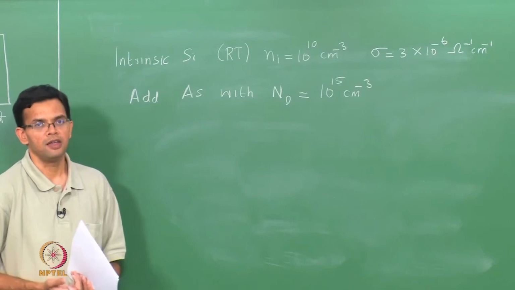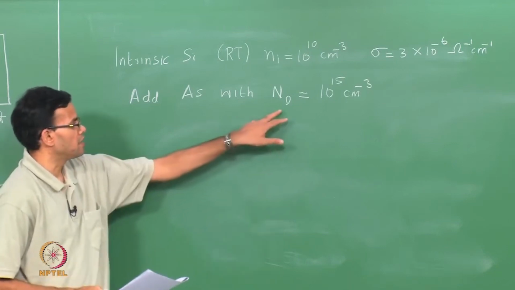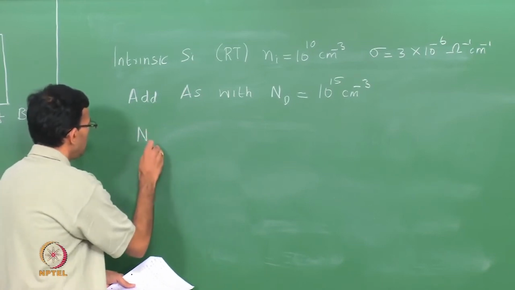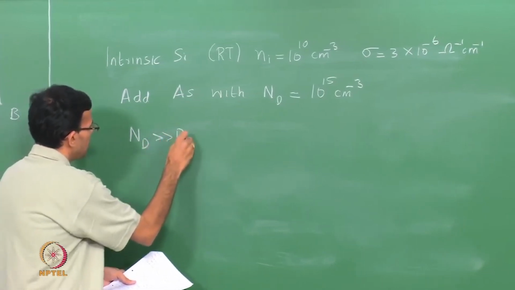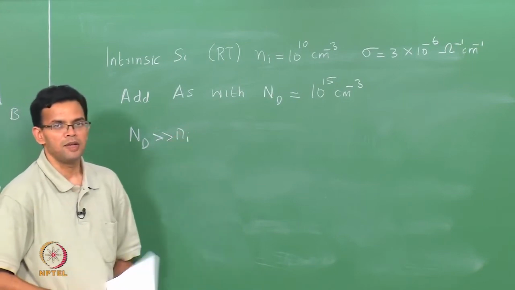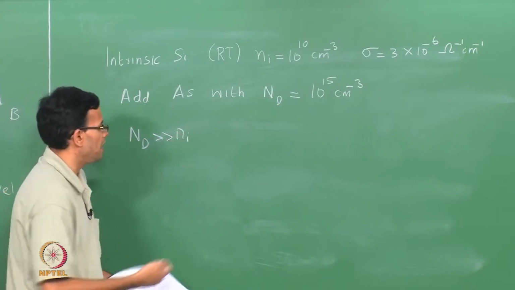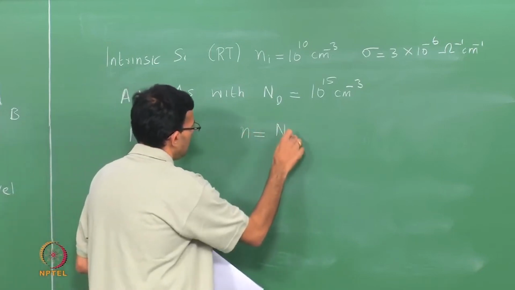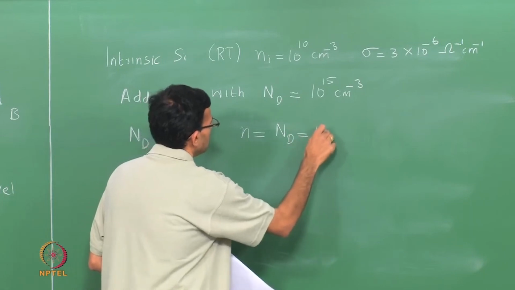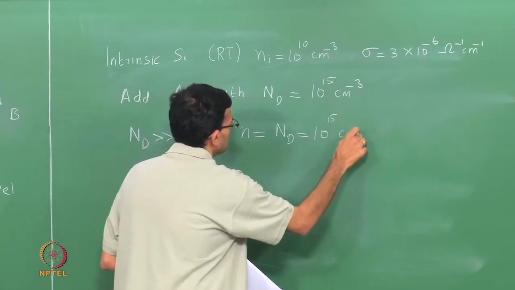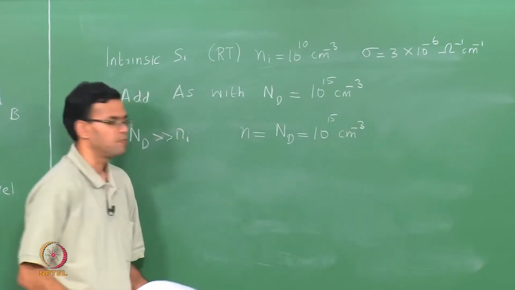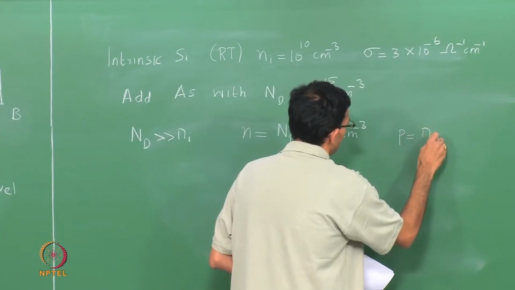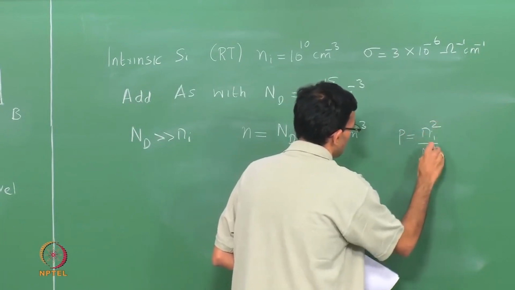Arsenic is a group V material, so it has one extra electron, so it is an n-type dopant. We also see that Nd is much greater than Ni, and at room temperature all the arsenic atoms are ionized. So, the concentration of electrons N is the same as Nd, 10 to the 15 per centimeter cube. The concentration of holes is Ni square over Nd.